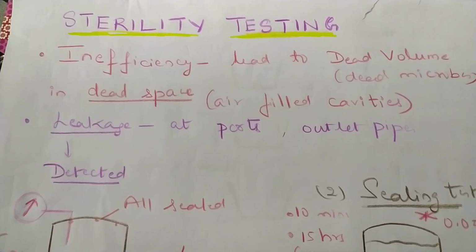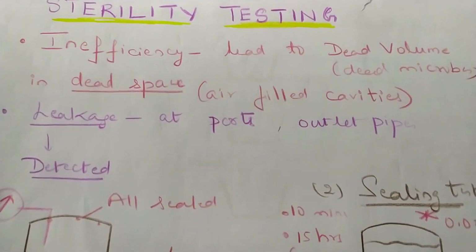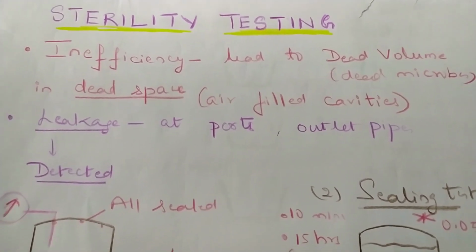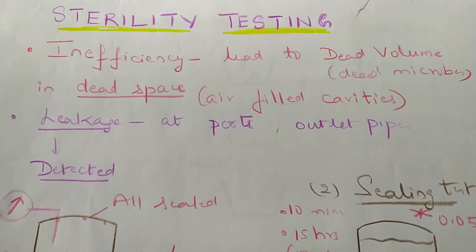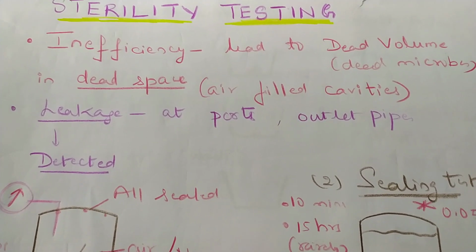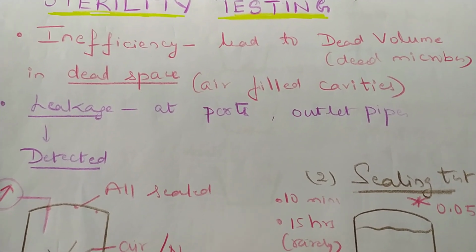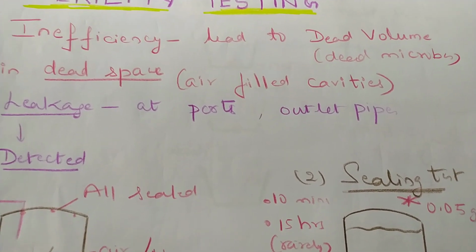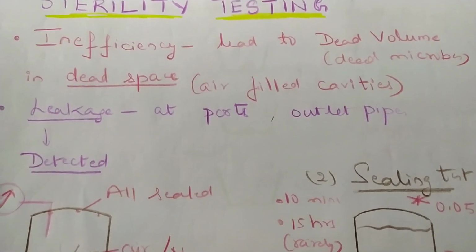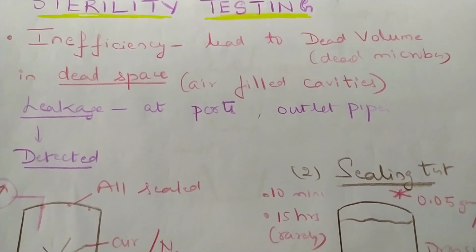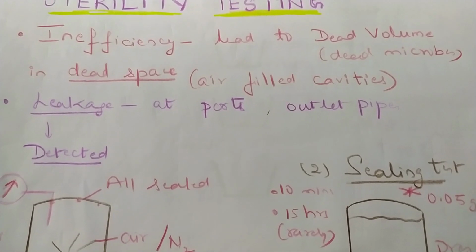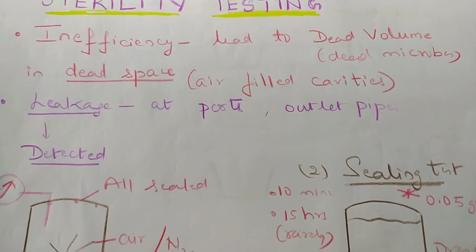Inefficiency can happen sometimes. What happens is, if there are no proper sterilization mechanisms in the air filters, or it can be the media, anywhere, there can be some microbes which are dead, leading to dead volume.